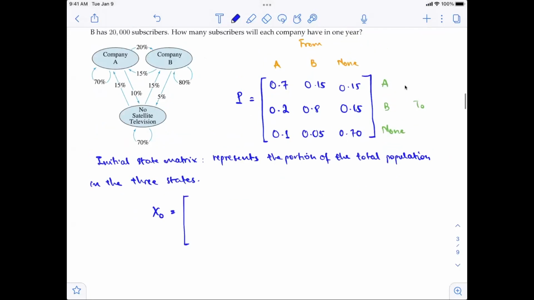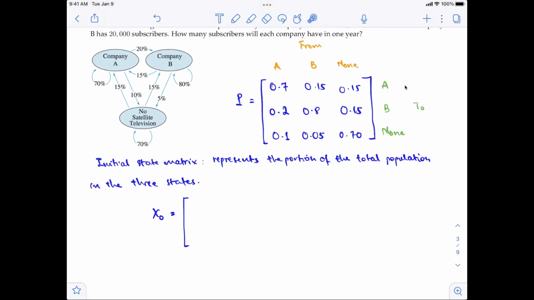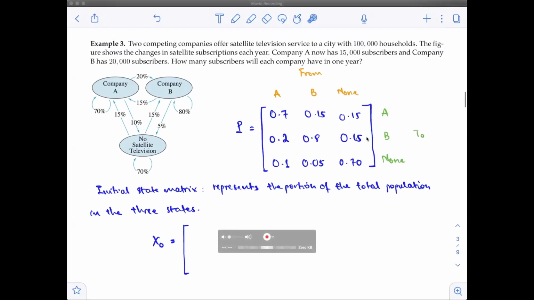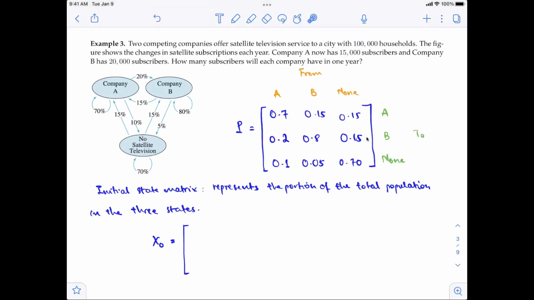So we start with company A, right? The first entry is A, the second entry is B, and the third entry is none. The first entry is for A, 15,000, right? So this is still a probability, but you are very certain that you have 15,000 subscribers for company A. So you use 15,000 divided by 100,000 households, and you're going to get 0.15.